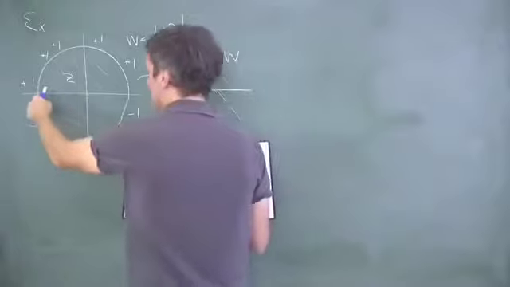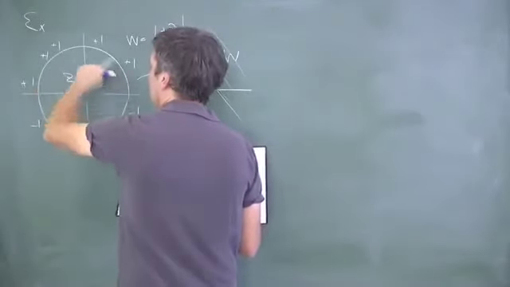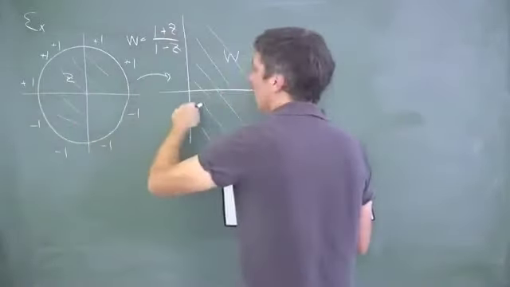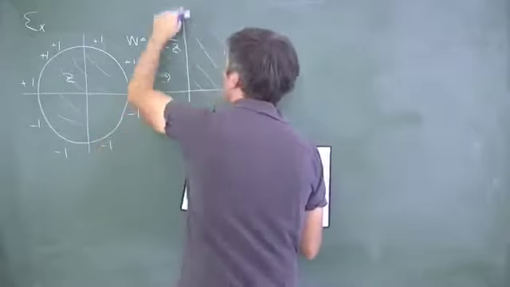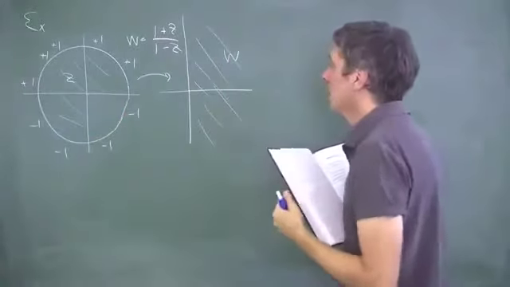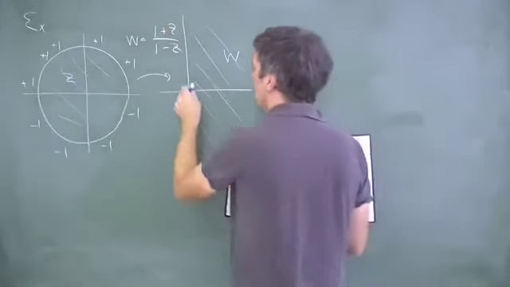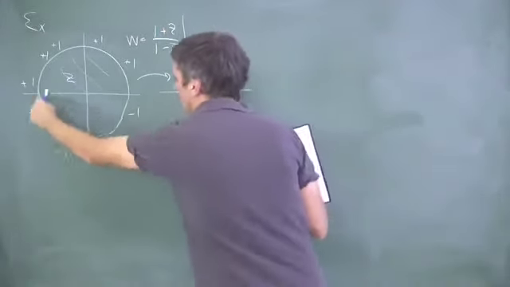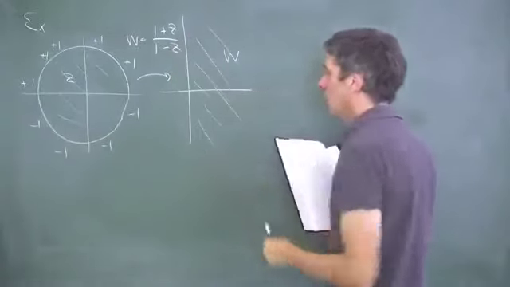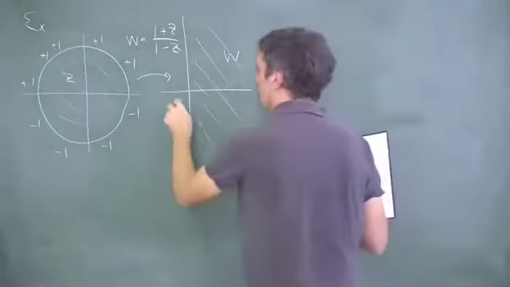And then it's easy to see now that the upper half of the unit circle is mapped onto the upper part of the imaginary axis. And the lower part then is mapped onto the lower part of the imaginary axis.